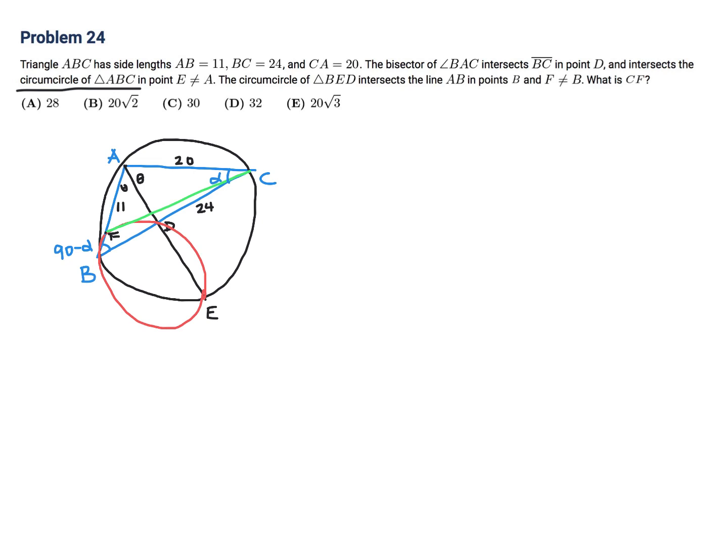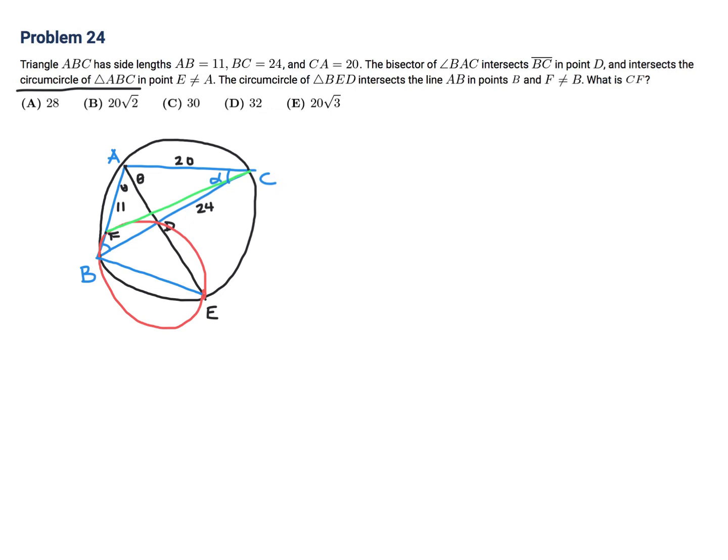Then I'm going to join one more, B to E, like that. Sorry, that would not be 90 minus alpha. That would only be true if it was a right angle, so I can't make that assumption.